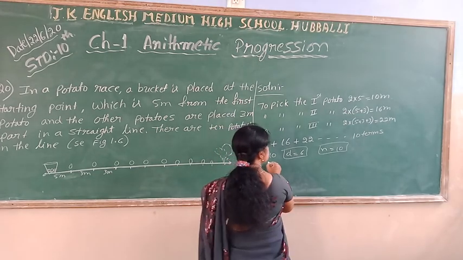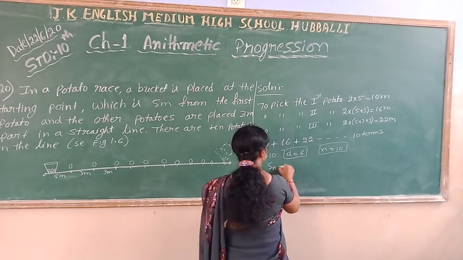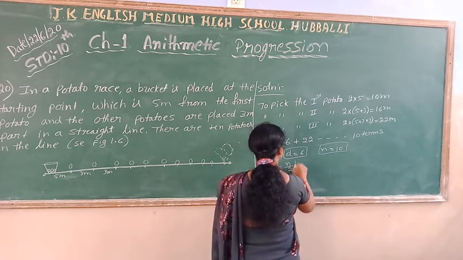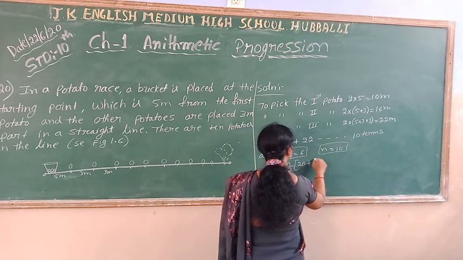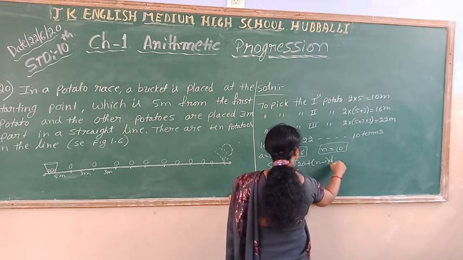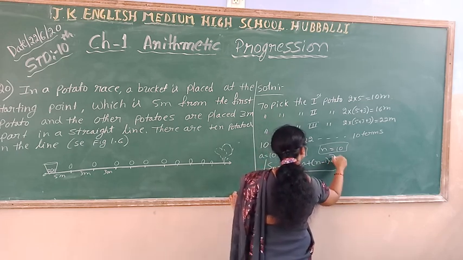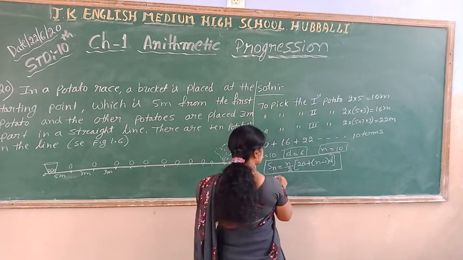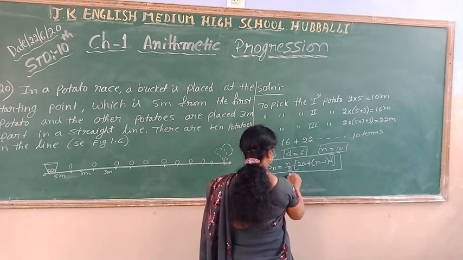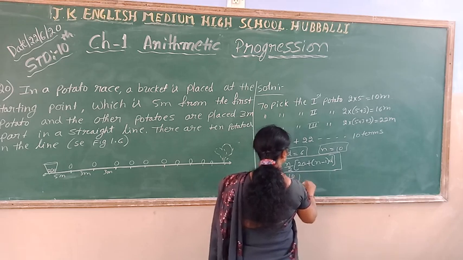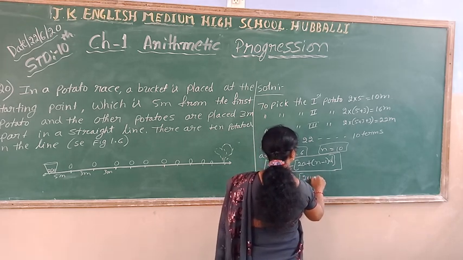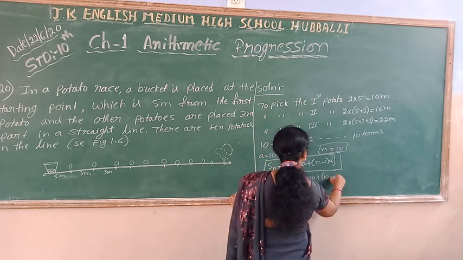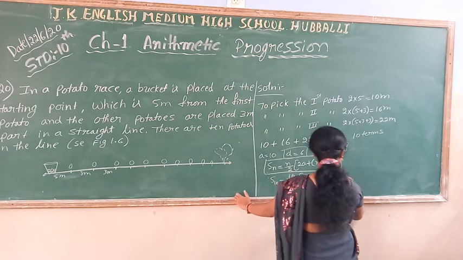So Sn is equal to n by 2 into 2a plus n minus 1 into d. This is the formula I have to use now to find out the total distance she covered. Yes, 10 potatoes to bring. Then a value is 10, n value is also 10, d value is 6.